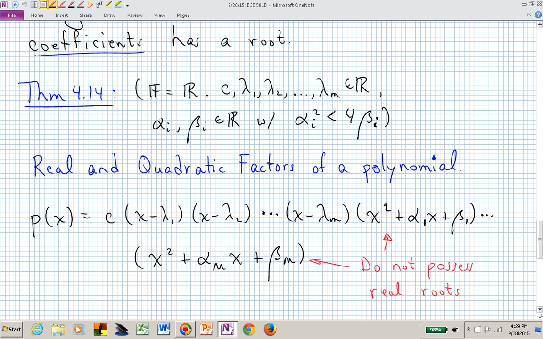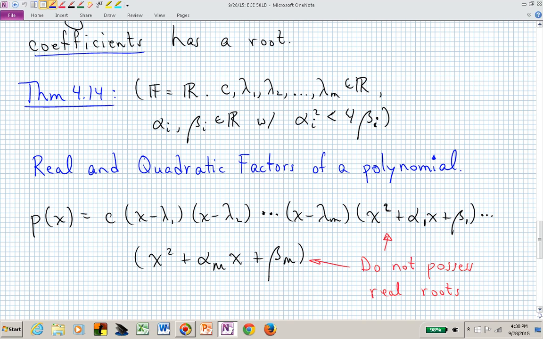Meaning there are polynomials with real coefficients that we cannot factor into all linear factors if we want to preserve real coefficients in that factored polynomial. Meaning these quadratics are the pieces of this underlying polynomial p of x that do not possess real roots.